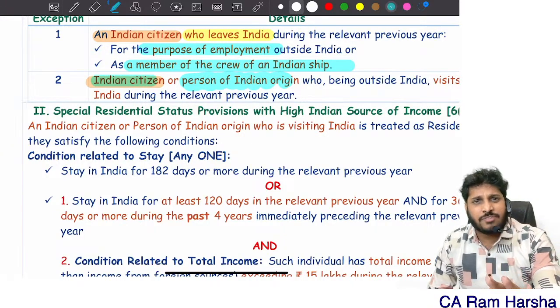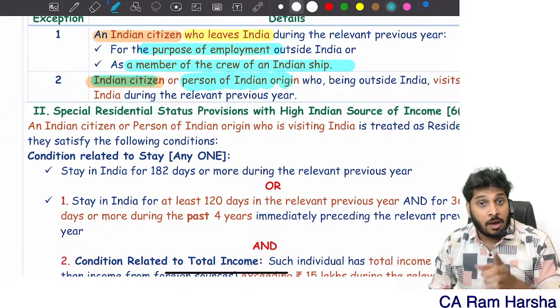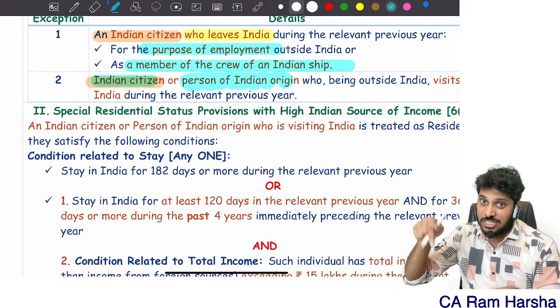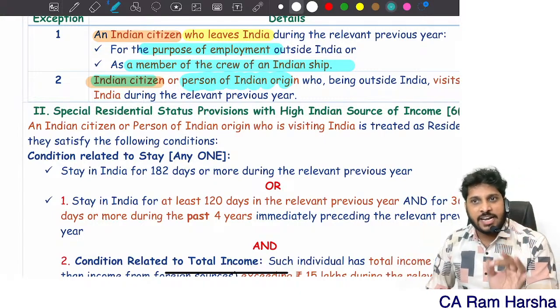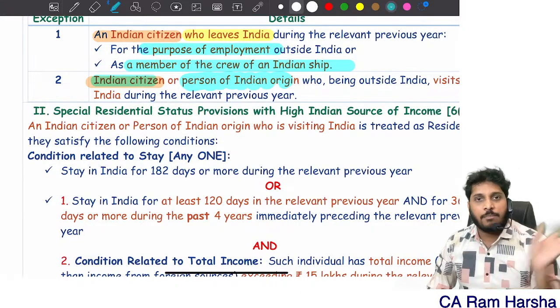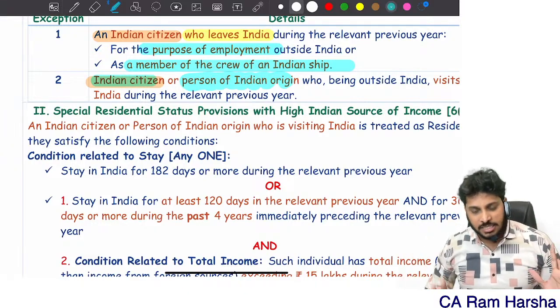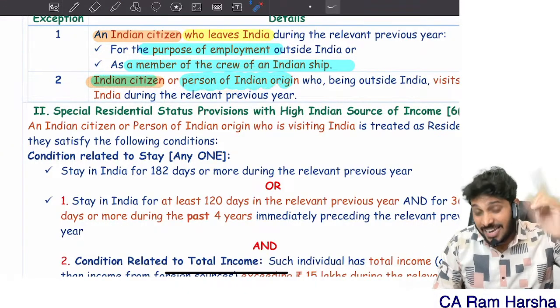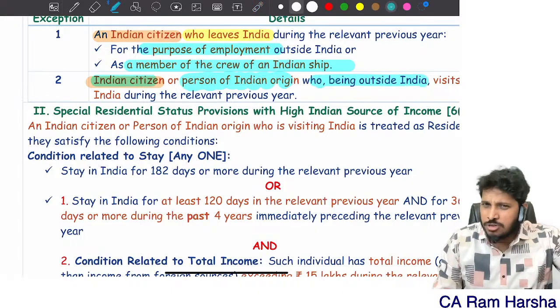Sir, who is a person of Indian origin? He is not an Indian citizen, but his parents or grandparents were Indian citizens. They were born in India. What is an Indian citizen? A citizen who is born in India, we call him an Indian citizen.